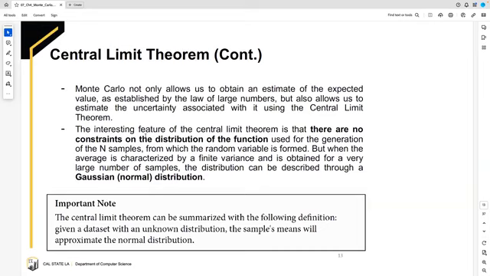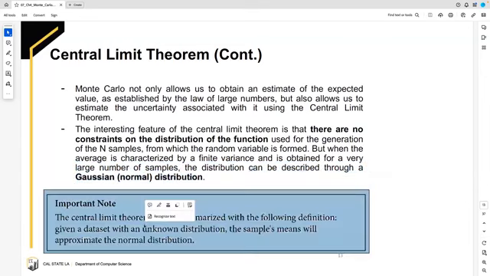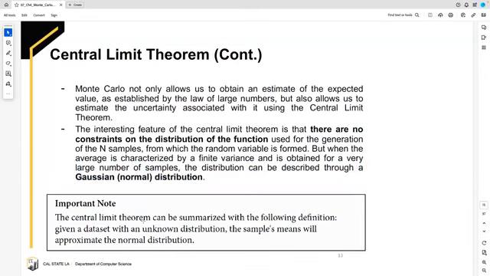It basically says that, as I mentioned earlier, if you have a large number of samples, then the mean of the sample is going to be a normal or a Gaussian distribution. And here is also something relevant to Monte Carlo simulation. The central limit theorem can be summarized with the following definition.